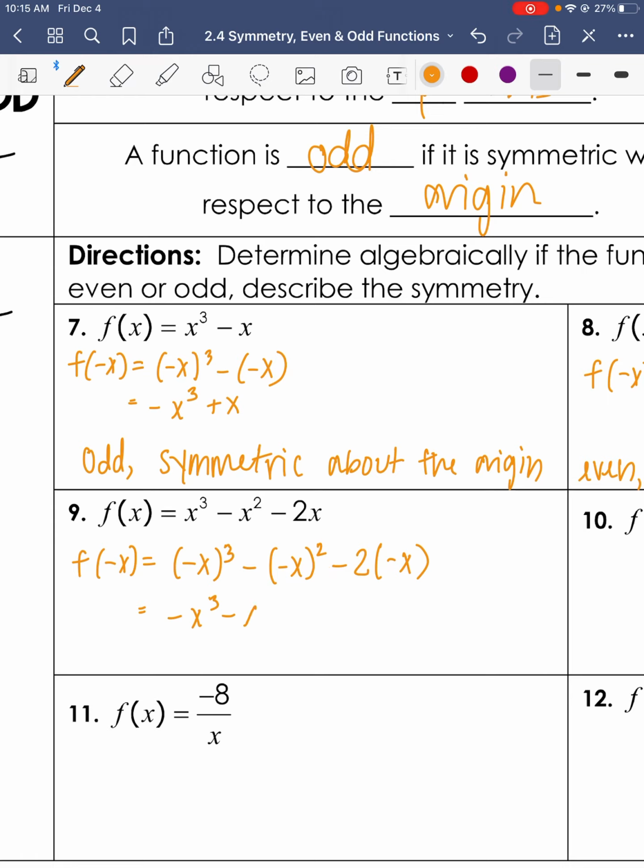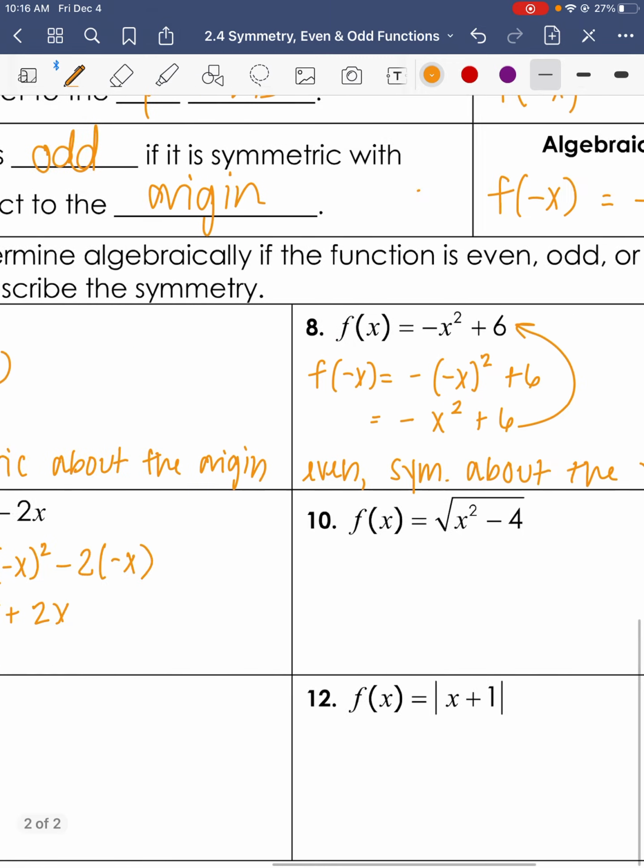So this will end up being positive x minus just x squared, and then plus 2x. So this is neither the original equation, nor is it the opposite version. If that was a plus sign, then it would be opposite, but because it's not, it is neither. There's no symmetry, and we say it's neither even nor odd.